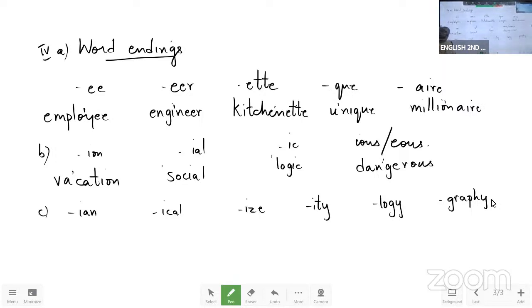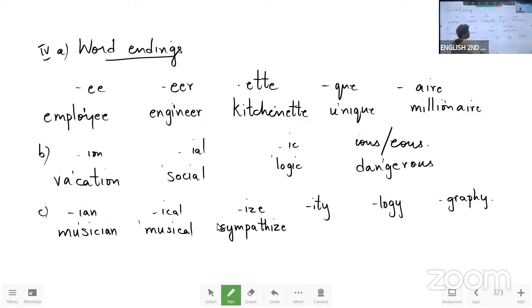Like musician. Musician. So from the end, second syllable. Musical. Musical. Trisyllabic word, so it comes on the first. Sympathize. Sympathize.